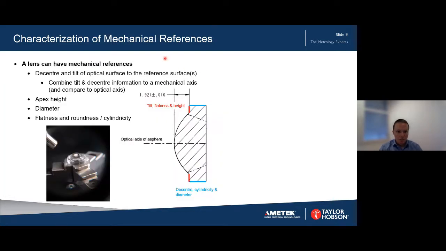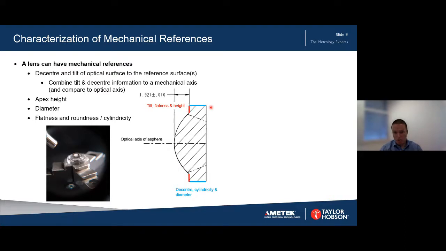Yeah, as already said, a lens can have or always have an optical surface, and there are usually also some mechanical references. Like in this example seen before, we've got a flat surface shown here in red, and when we measure this flat surface, we can calculate a tilt between the flat surface and the optical axis of the A-sphere.